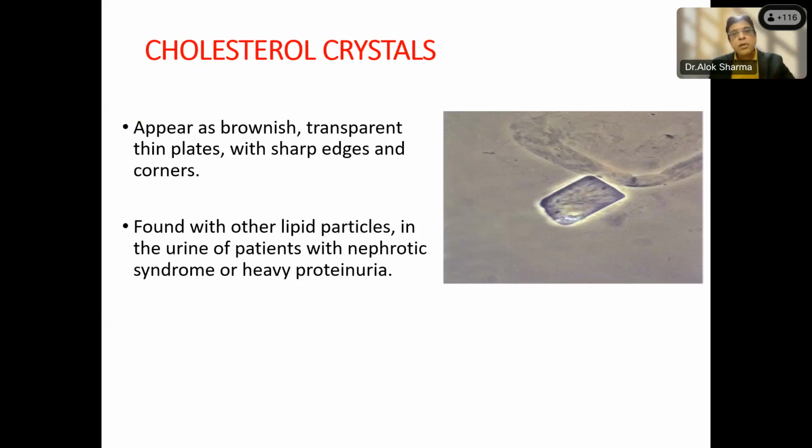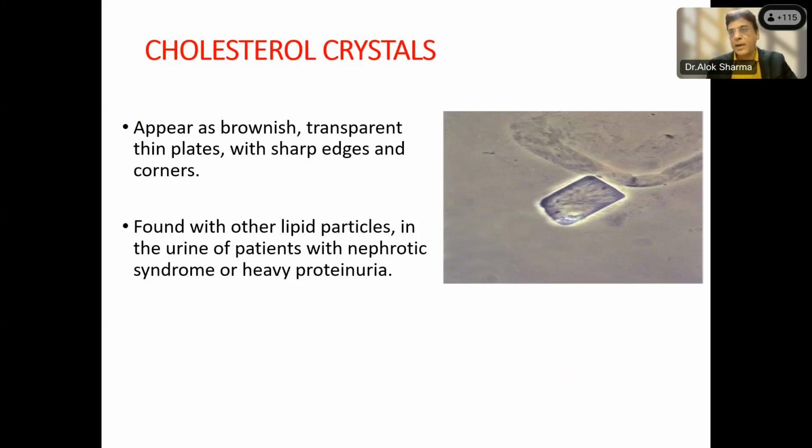Now, cholesterol crystals. On the same lines, you can also get cholesterol, and these are slightly difficult to identify because they don't have a good refractive index. Unless you do a polarized examination or really lower the condenser in light, sometimes you may just miss them. They are flat plates. You can see one of them.